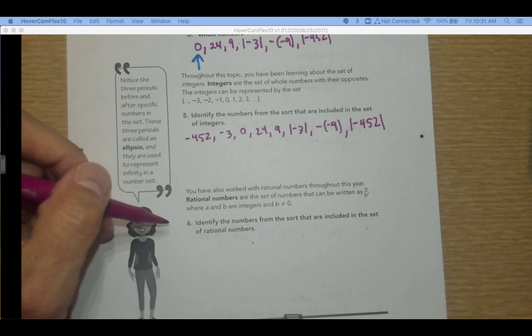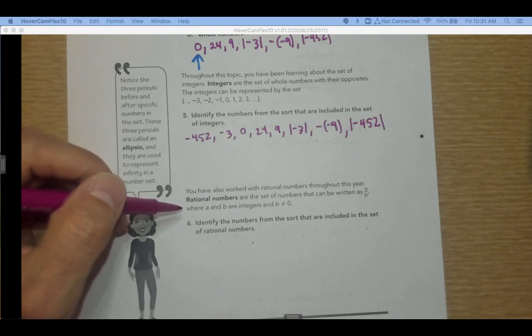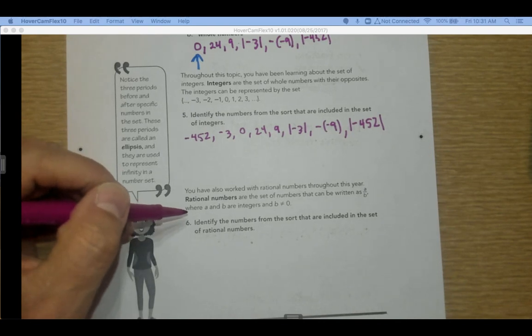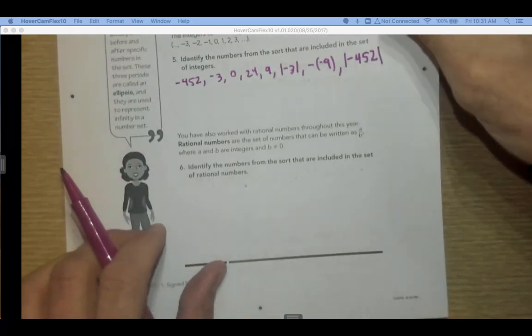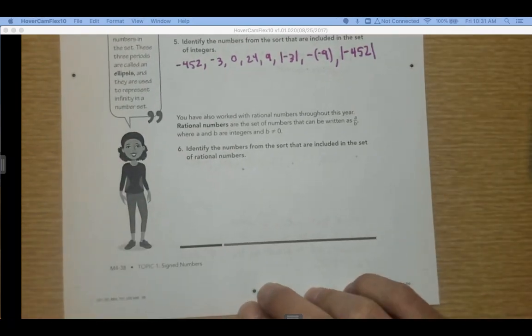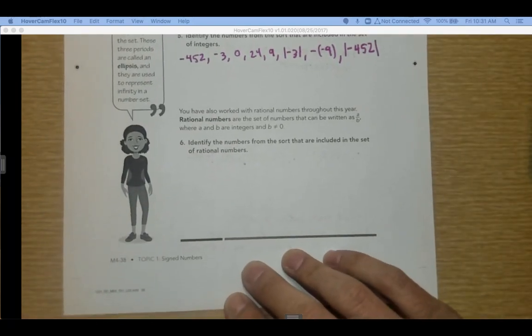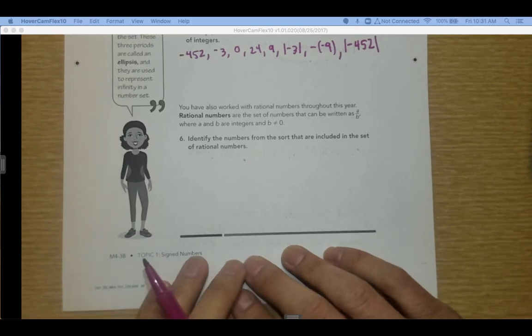You've also worked with rational numbers throughout this year. Rational numbers are the set of numbers that can be written as a over b, where a and b are integers and b does not equal 0. Identify the numbers from the sort that are included in the set of rational numbers.